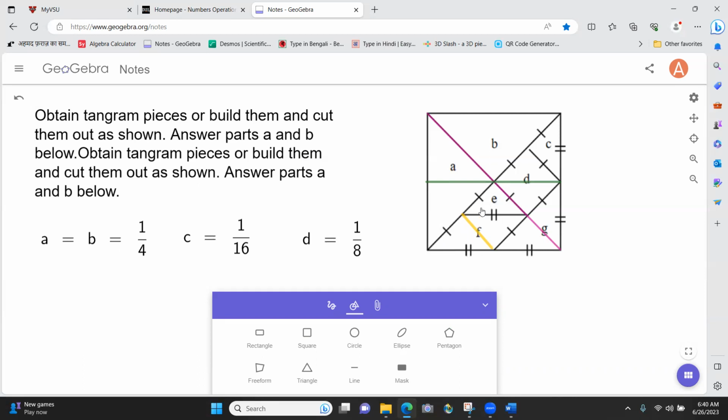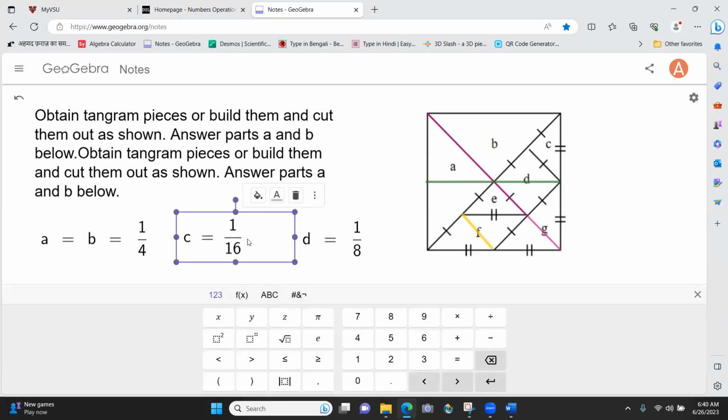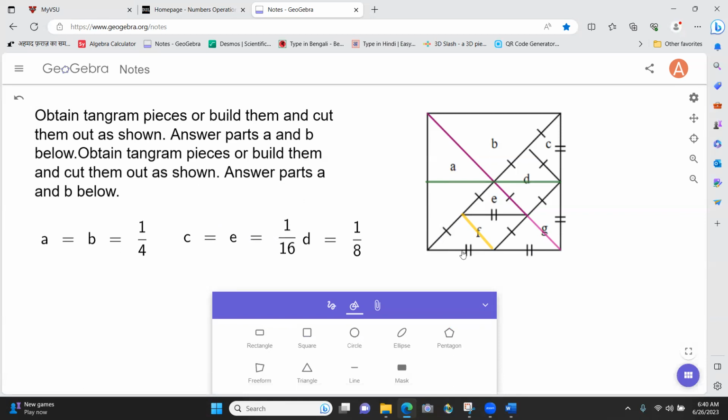So after C and D, I'm going to get to E. E is going to be 1/4 of this quarter. This triangle is a quarter. 1/4 of a quarter is 1/16. I'm just going to say E is equal to C. This will save us a little bit of time. All right.